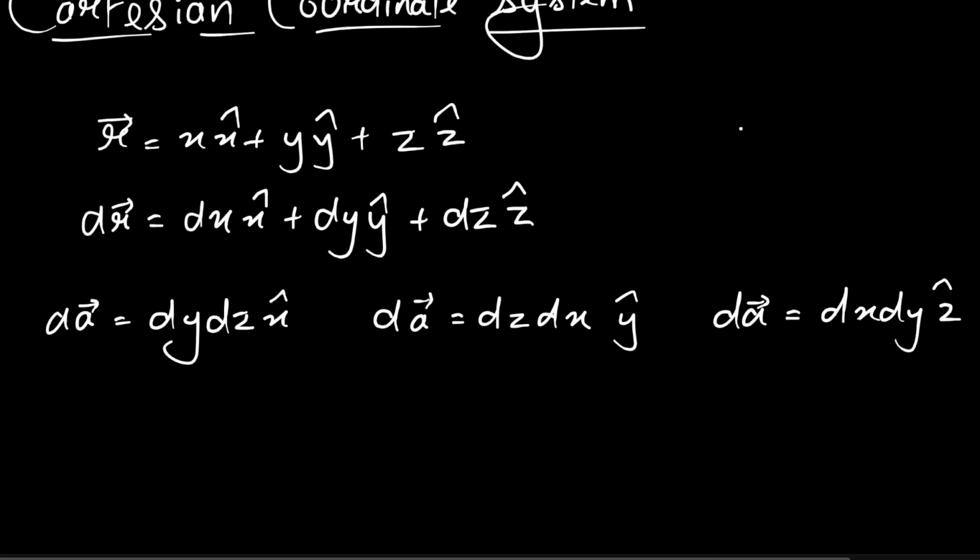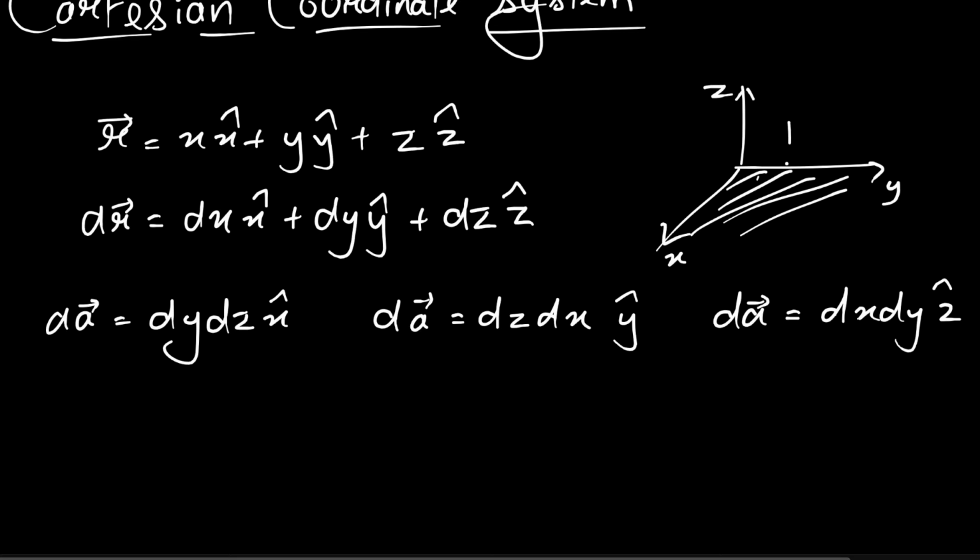I hope you can understand, because the direction of the area element is always perpendicular to the plane. Let's suppose I am talking about the xy plane. Then the area element has the direction upward perpendicular to this plane, and in the downward direction as well. Basically the area element has the two directions.